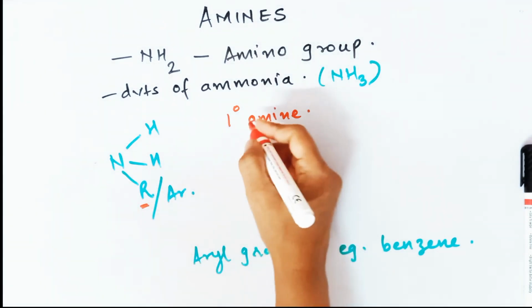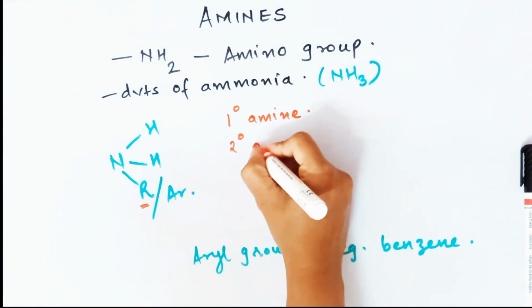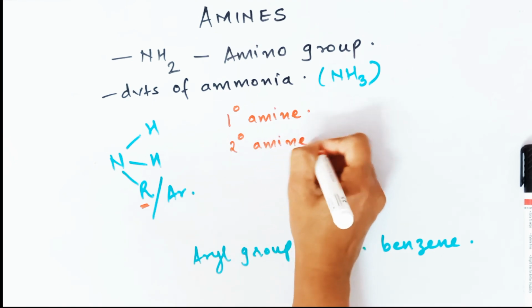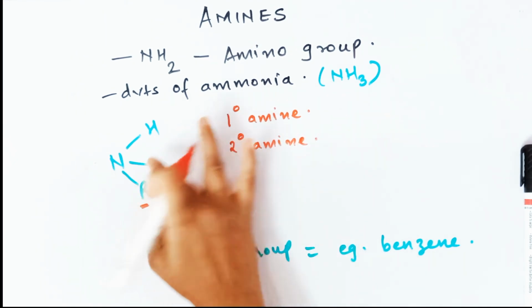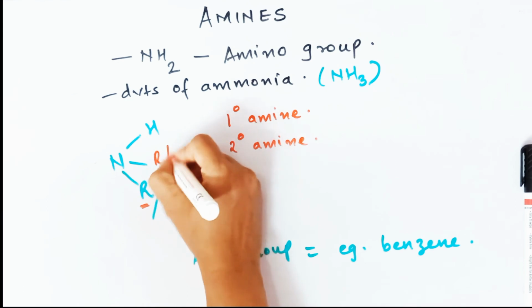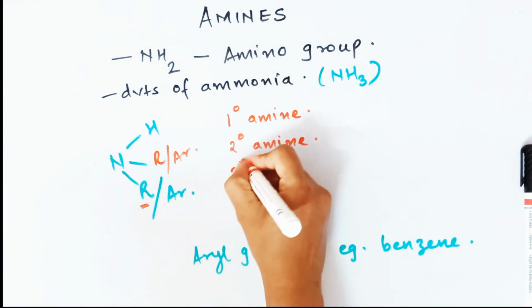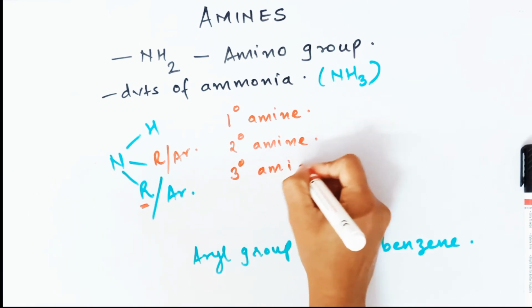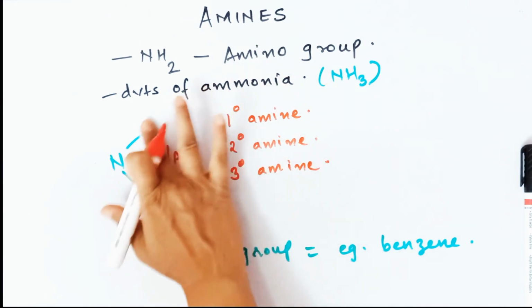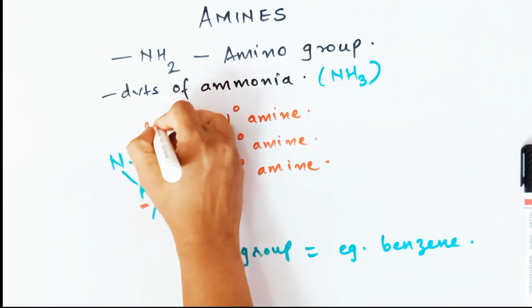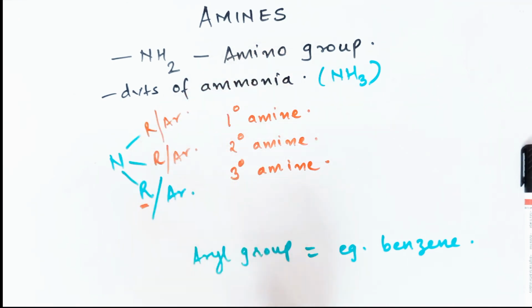In the case of secondary amine, we will have 2 alkyl groups or aryl groups attached to nitrogen atom. And finally, when we talk about tertiary amines, then we will have all the 3 hydrogen atoms of ammonia being replaced by an alkyl group or an aryl group.